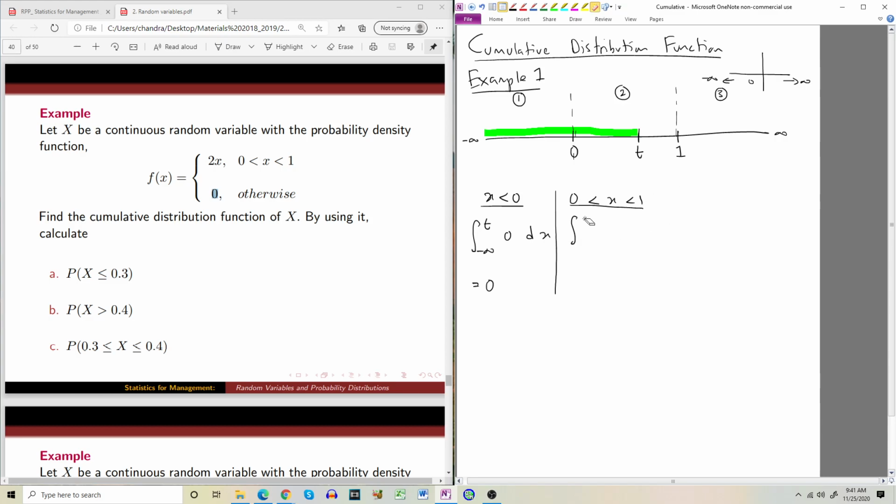Or in other words, let me simplify that. I will integrate from here to here first, because there are two intervals now, isn't it? I split that. The function is 0. No function there. And then I will integrate from 0 to t. Do we have a function there? Yes, because it's the second interval. In the second interval, the function is 2x.